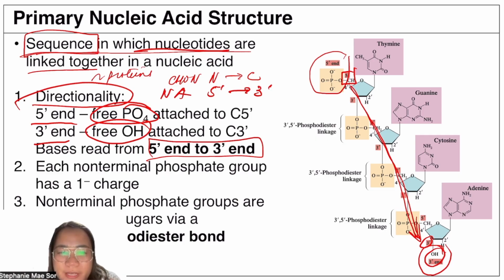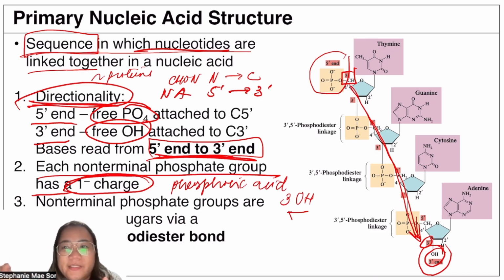Meron siyang phosphoric acid, yung PO4 na yan, originally meron siyang tatlong OH groups. Yung dalawa nasasama sa linkage ng ating nucleic acid structure. And then the remaining OH group, nag-donate siya ng H. Kasi diba H plus is acid. So, yung H plus na yun, kaya siya naging acid. Kaya siya naging nucleic acid.